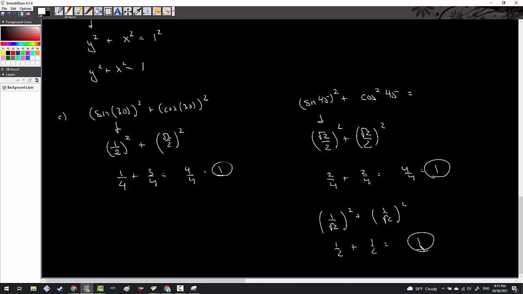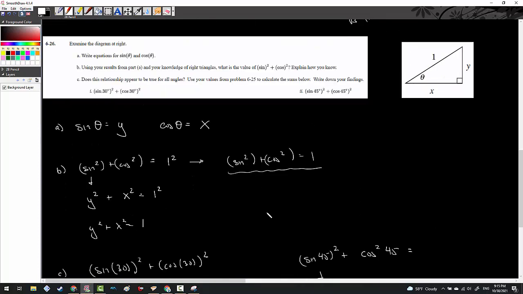I seem to get 1 either way. So, interesting scenario here where it seems like, for now, at least with these special angles, if I square sine and I square cosine, as long as the angle is the same, I seem to get 1 every single time. Let's see if that holds true for all angles.